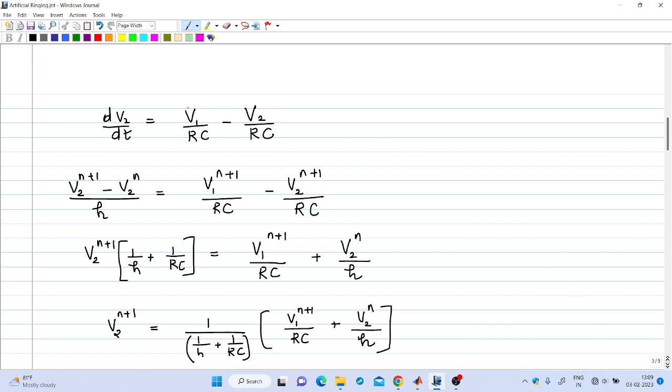In backward Euler technique, we replace the derivative term on the left hand side with the finite difference (V2n plus 1 minus V2n) by h, and on the right hand side we calculate the function value at t equal to tn plus 1. So this corresponds to the backward Euler technique.